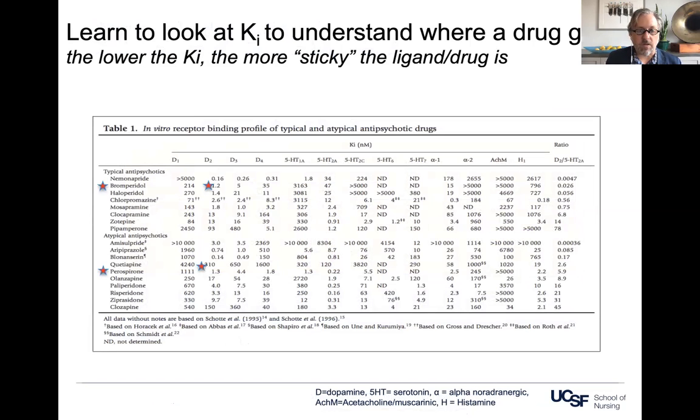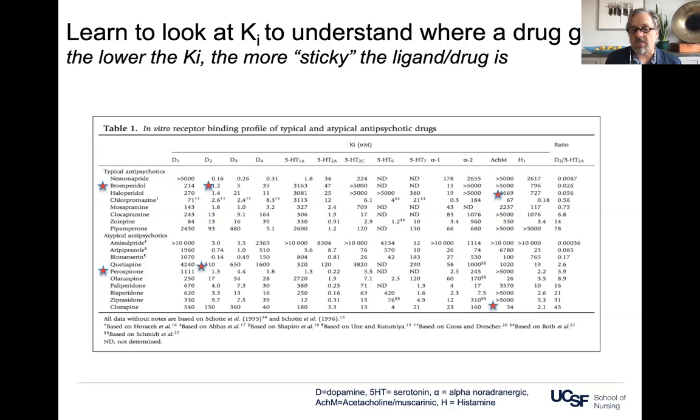If we compare that to quetiapine, quetiapine's Ki at the same receptor is 310. So it's many orders of magnitude higher, which means that it's less sticky, because remember, the numbers are inverted. Smaller numbers mean more sticky. So quetiapine is going to make a quick drive-by and then hop off that receptor, whereas haloperidol is going to sit there for a while.